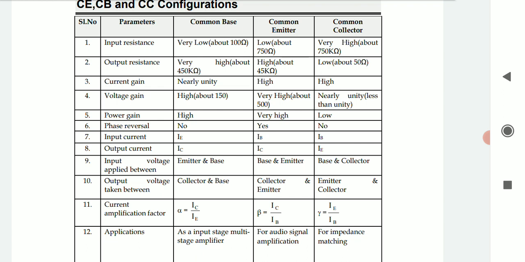The first is positive half, then the output should also have the first half cycle as positive half cycle.